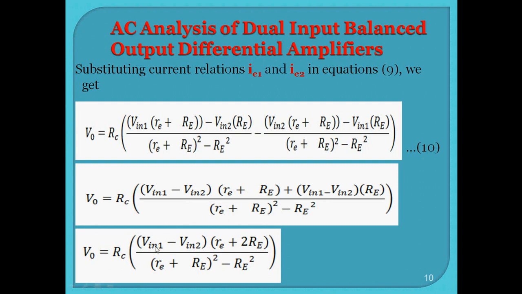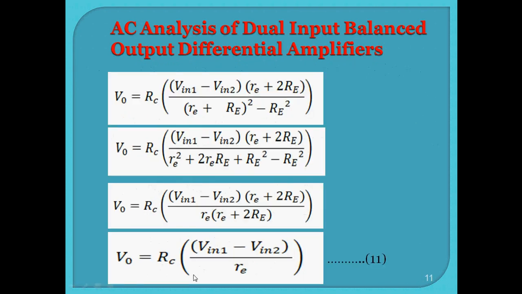We can make it outside. So V in 1 minus V in 2, this coefficient is small re, plus the other coefficient capital RE, which can be written as small re plus 2 capital RE divided by bracket re plus capital RE square minus capital RE square. Now we have to split this bracket and solve the equation.